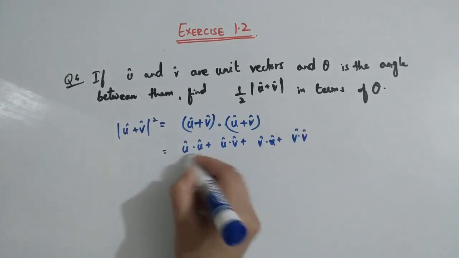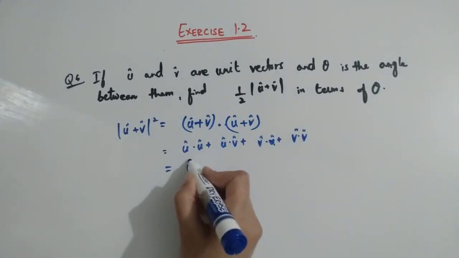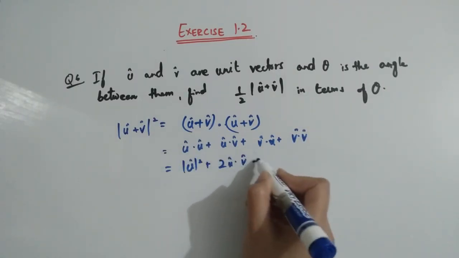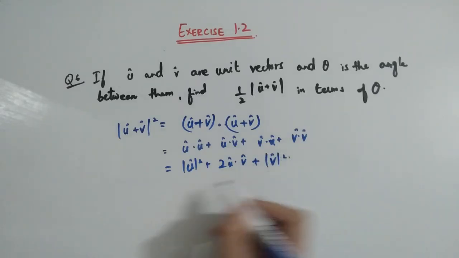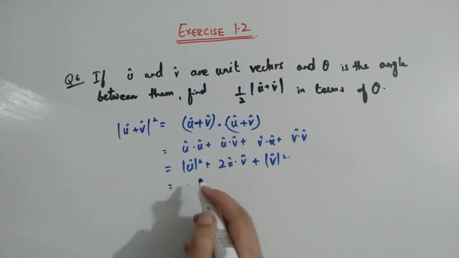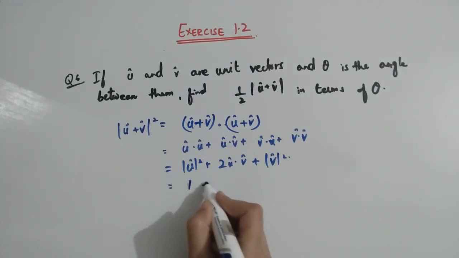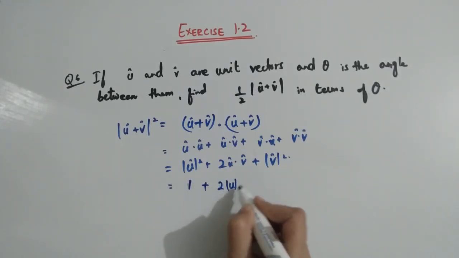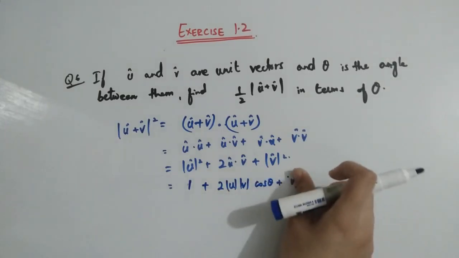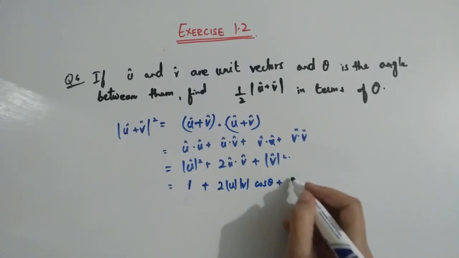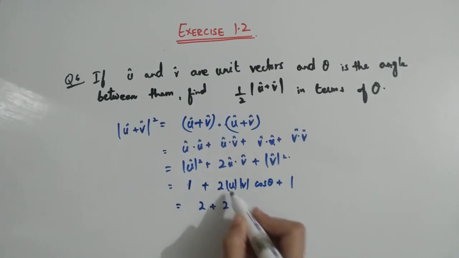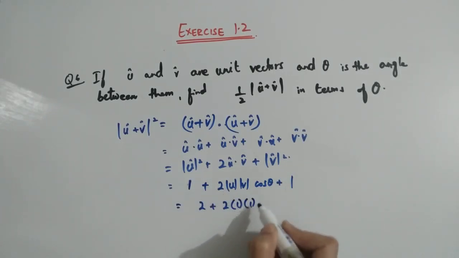This is a self product and it will be equal to |u|² plus 2 u dot v plus |v|², or |u|² is 1 because this is a unit vector, plus 2|u||v|cos theta plus |v|². The |v| is 1 because this is a unit vector. So 2 plus 2 times u magnitude 1, v magnitude 1, and cos theta.